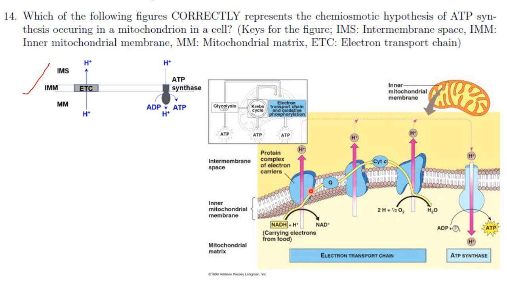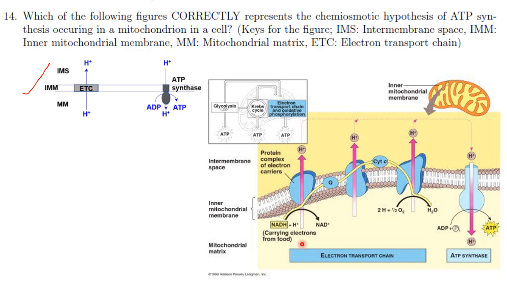As a result of this, they will pump protons to the intermembrane space. This is the intermembrane space, this yellowish shade. They will pump H positive ions to the intermembrane space from the matrix. See here, H positive ion from matrix to the intermembrane space.